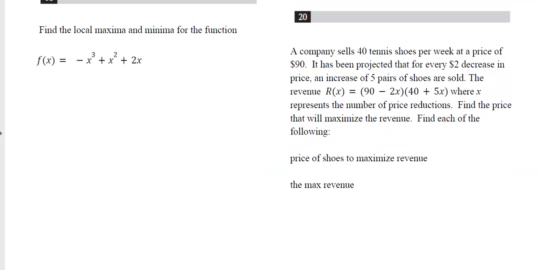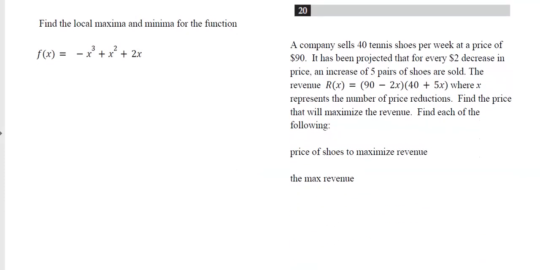And then lastly, a company sells 40 tennis shoes per week at a price of $90. So if we look at our equations here, revenue would be the number of shoes you sell times how much the shoes are.